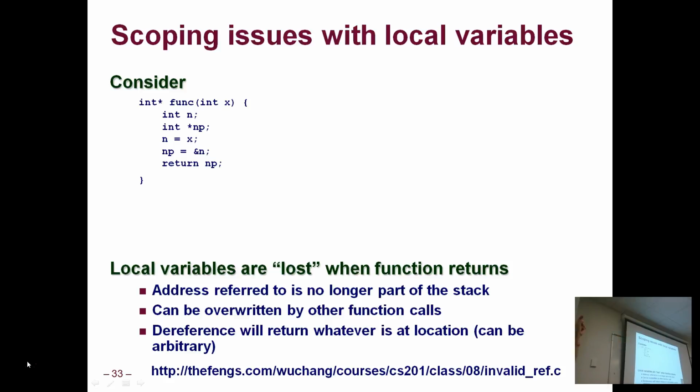That's a problem, and this code is an example. I have a function that takes a parameter x, with a local variable n and a local pointer to an integer np. I set the local variable to x, I set the np pointer to the address of n, so it's an alias to n, and then I return np. Well, here's the thing. np is pointing to an integer that has now gone out of scope. That's bad news.